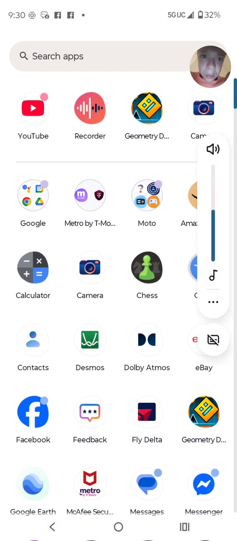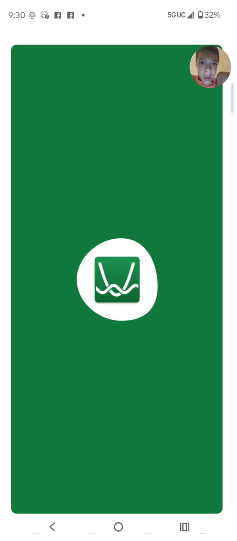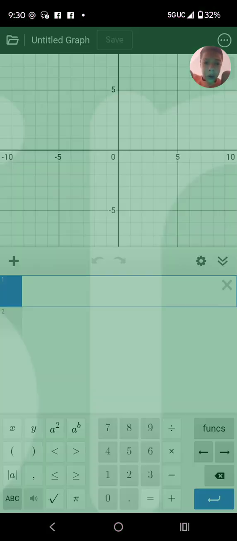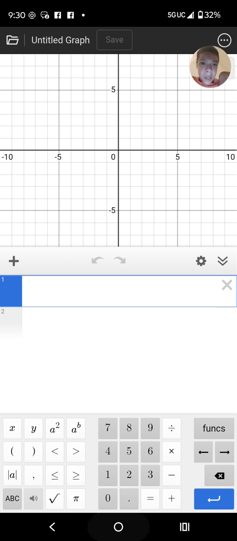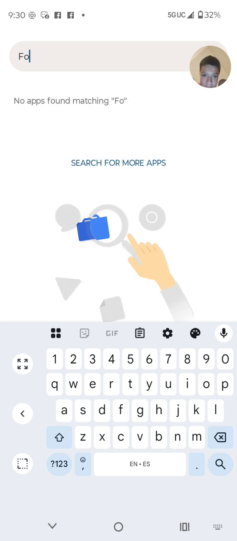We're gonna go to the Desmos calculator because I'm going to show you some Fourier series from Desmos. So let me show you the Fourier series.